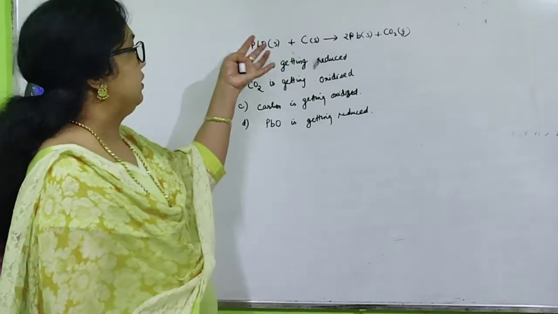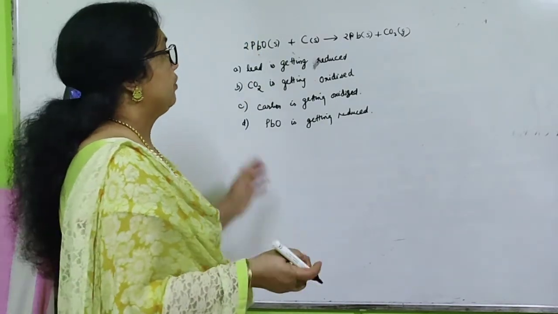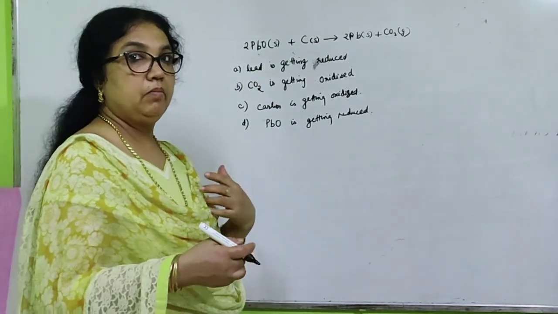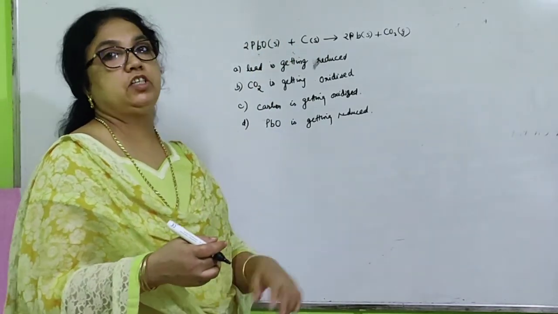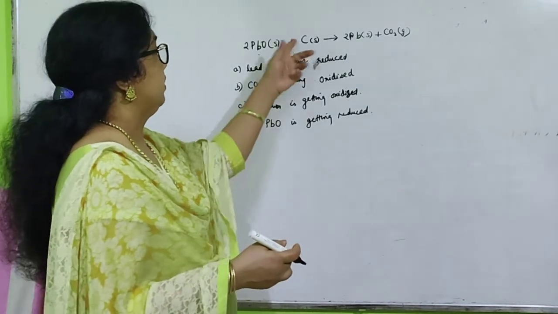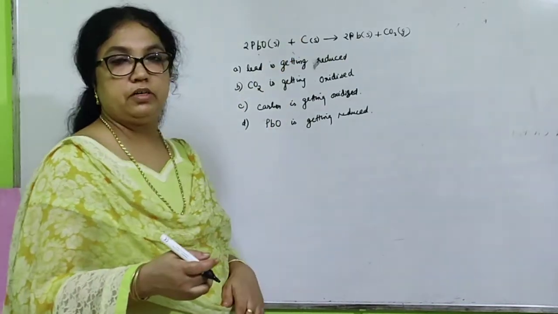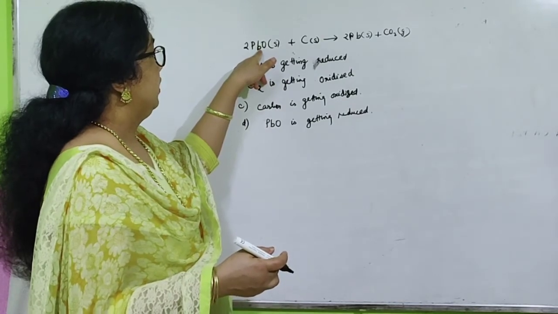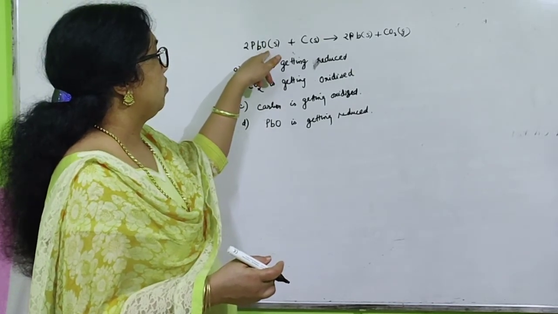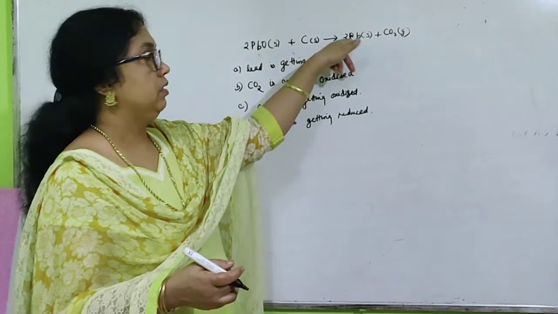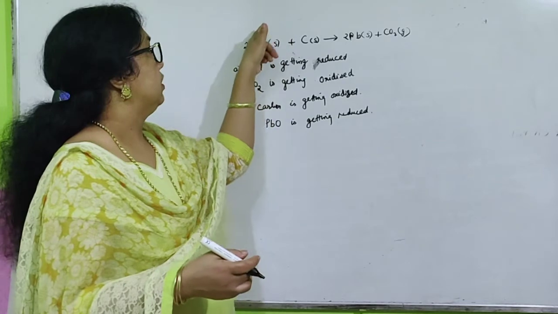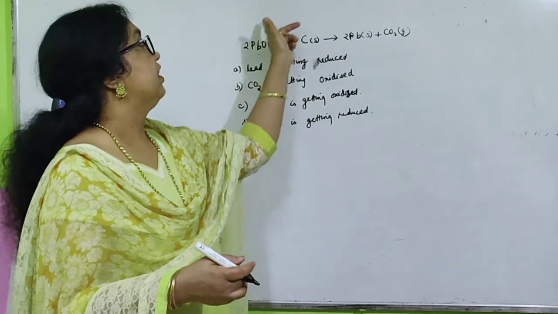First, for this type of question, you read the equation given properly, then understand which type of reaction it is. This is a redox reaction. Here from lead oxide, oxygen is lost and lead is formed. The substance from which oxygen is lost is reduced.